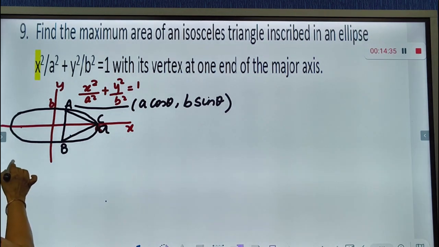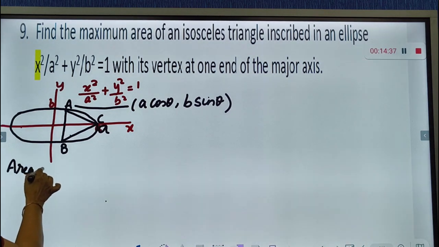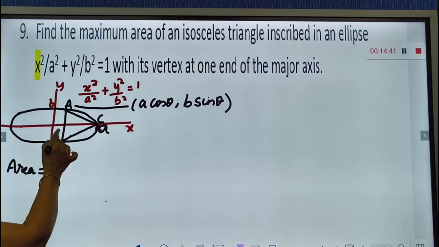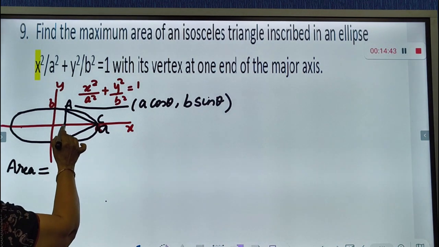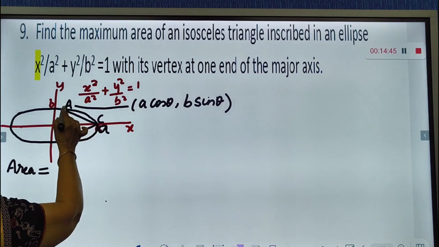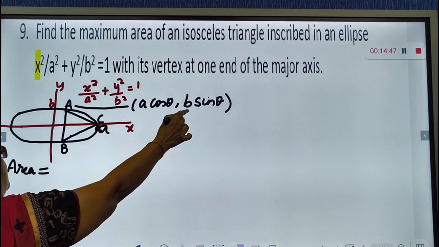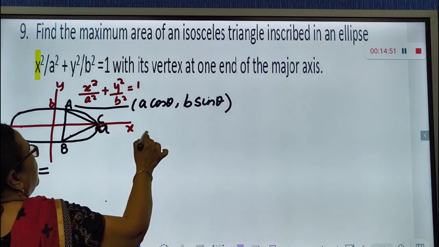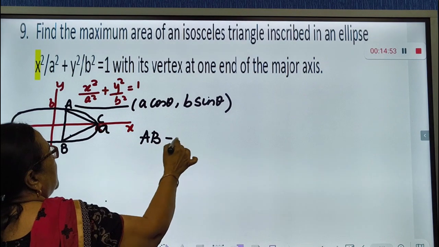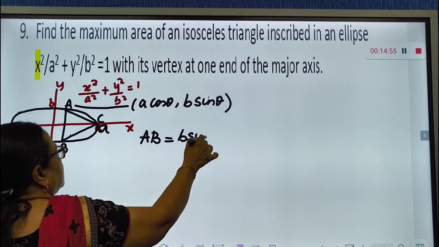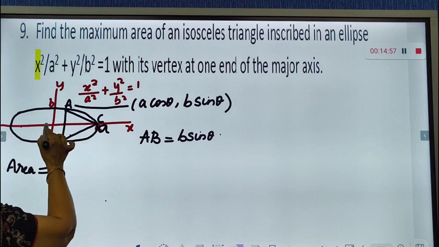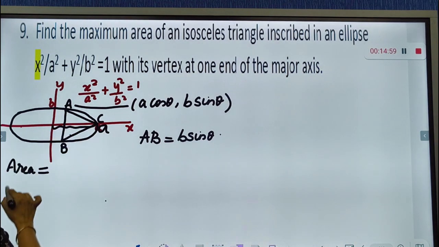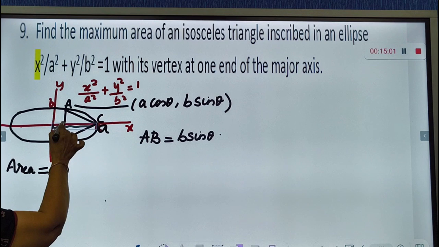Now what is the area of the triangle? Area equal to half into base into height. What is this length? See, the coordinates are A cos theta, B sin theta. So before I write that, what will be the height? It will be B sin theta. This total length is A. So what is this point?